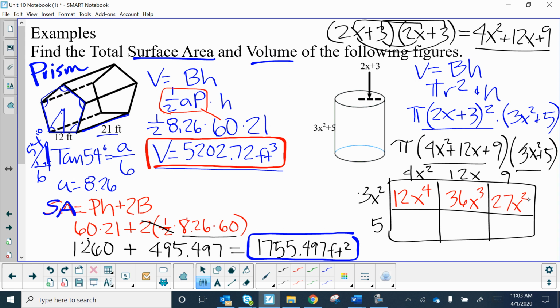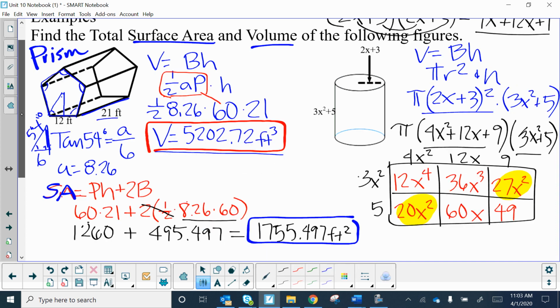Okay, let's do the last row. 5 times 4x squared is 20x squared, 60x, and 45. So do we see any like terms? I see one set of like terms that we'll need to combine. So I have this one and this one. Those are like terms. Everything else we don't want to combine.